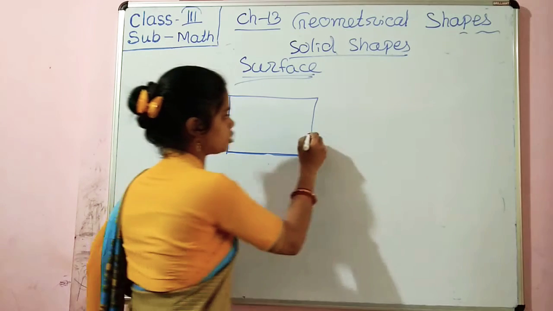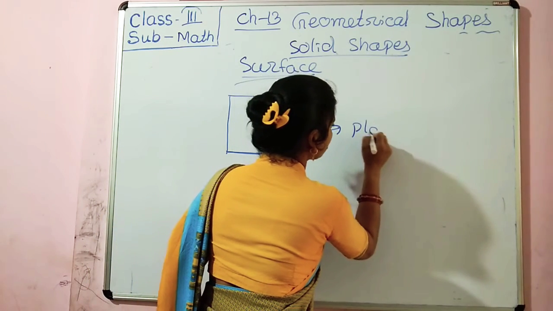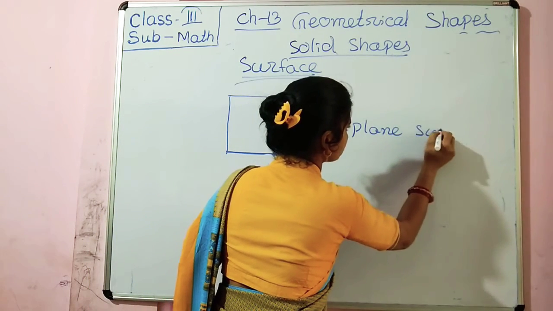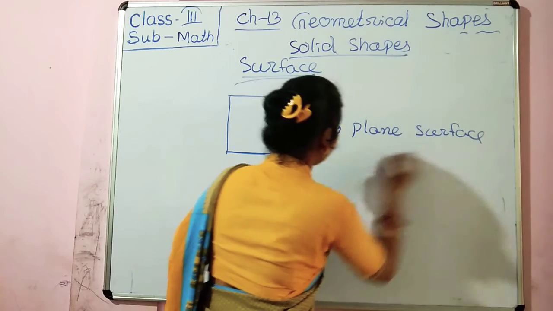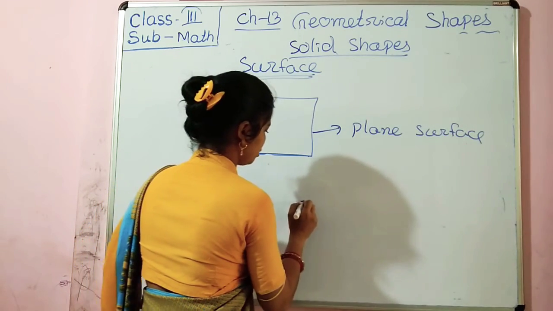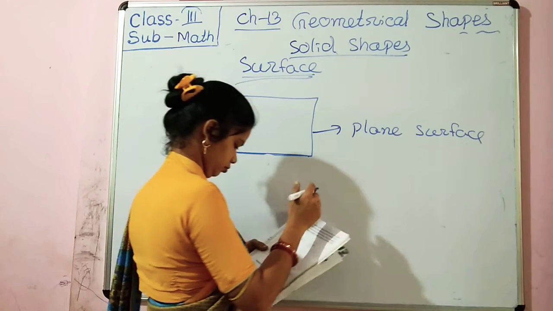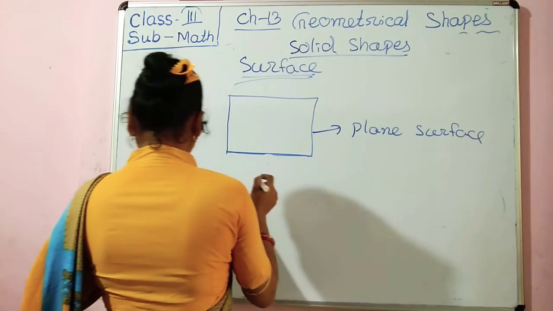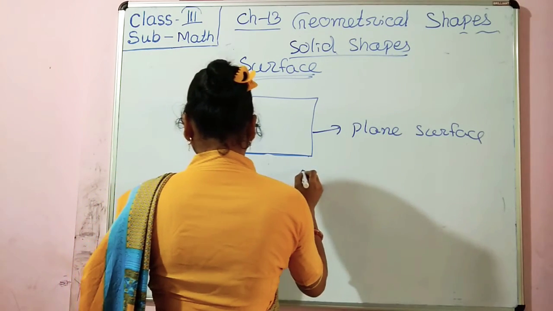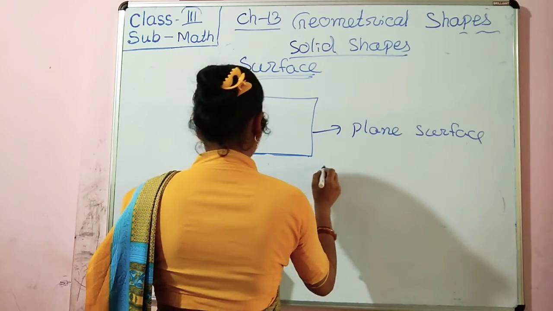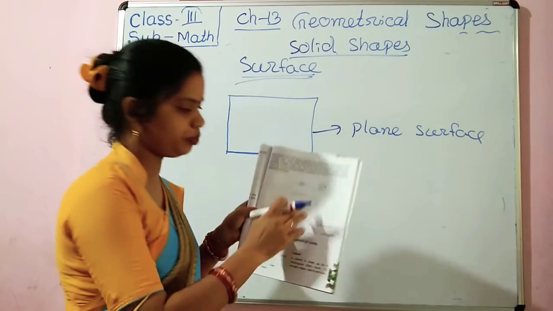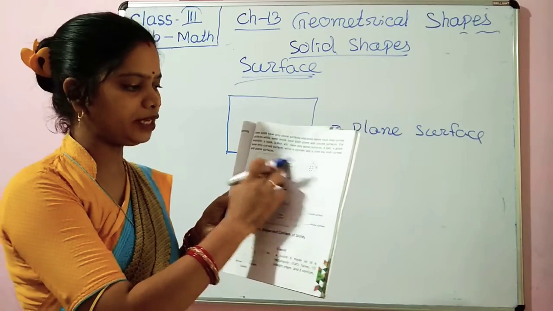It is known as the plane surface. Okay? Suppose a cube. Look, this is the picture of a dice, it is the plane surface.